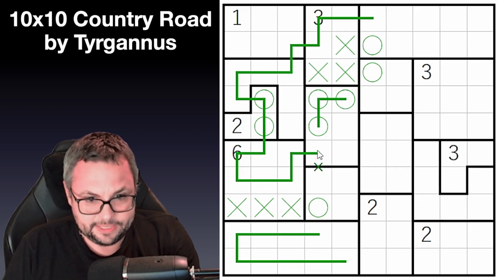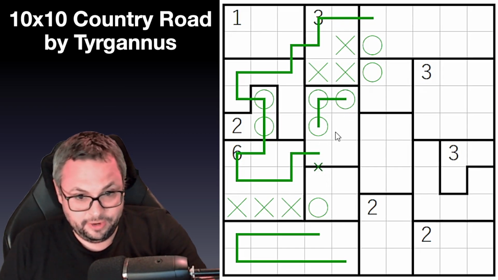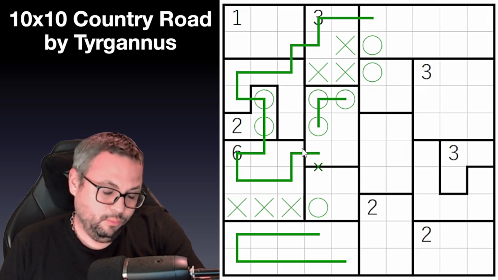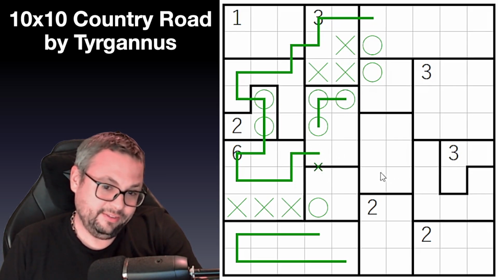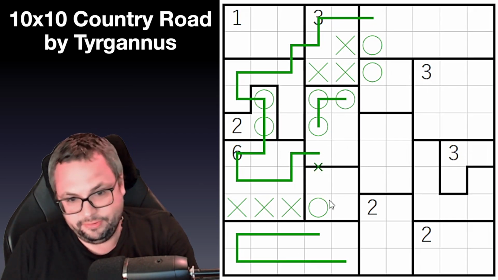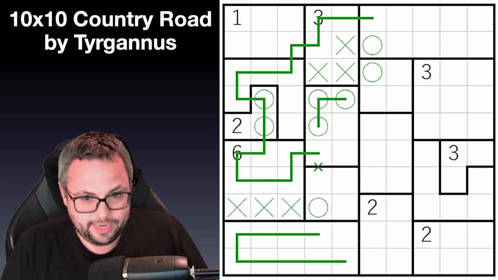This I know can't come down because it has to exit this country only once. It's entered here. It's got to exit connected to this piece. So this is not how we get up there, if we get up there at all.